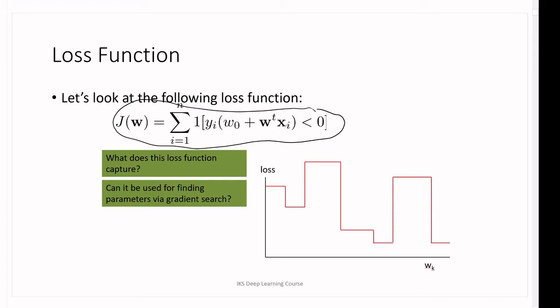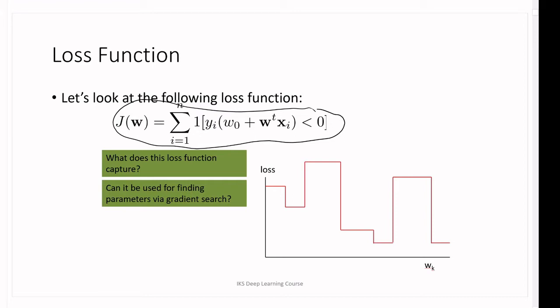So if yi is positive and W0 plus W transpose Xi is positive, that means no error is being made, then the value on the left-hand side of the inequality is positive. That means this condition is not satisfied, and the indicator function will return a value of 0 in this particular case.